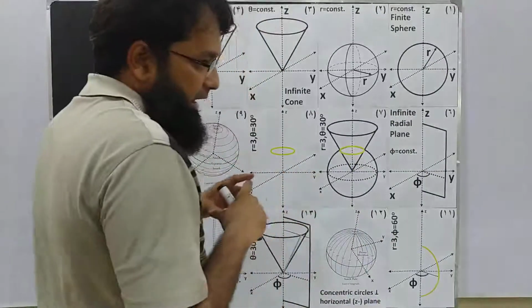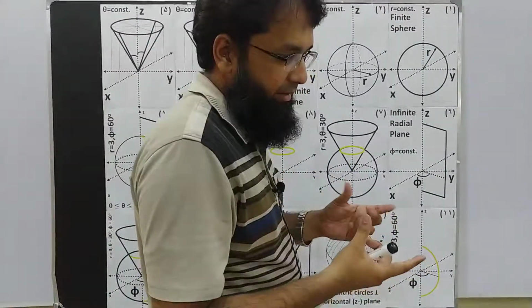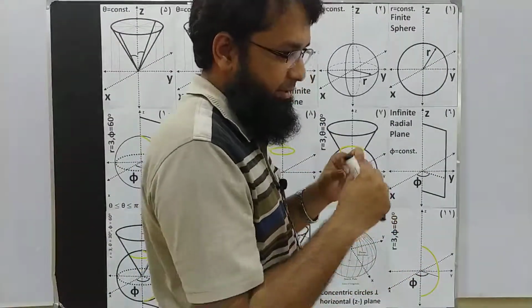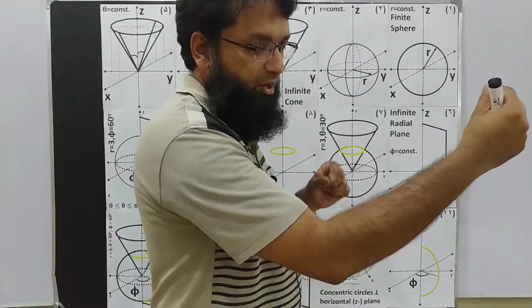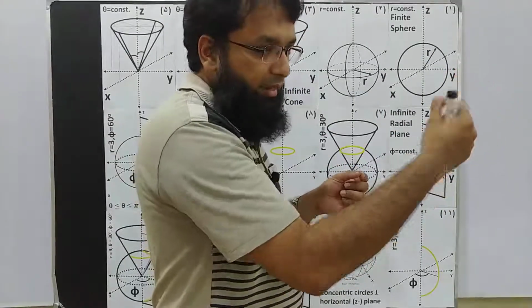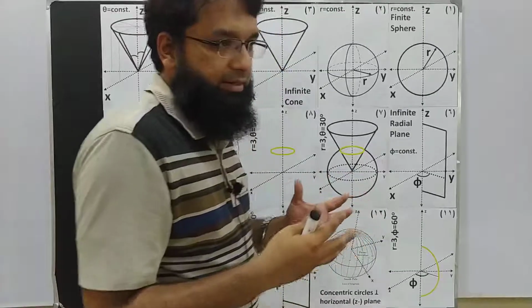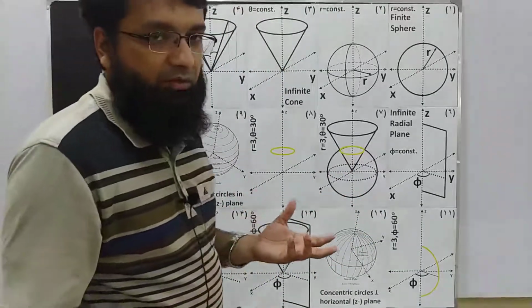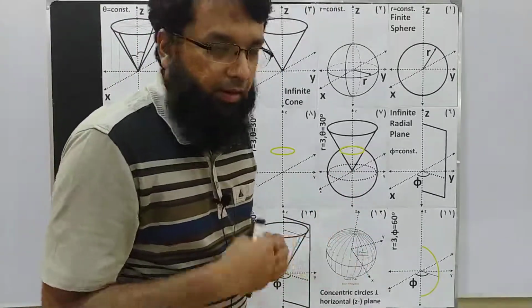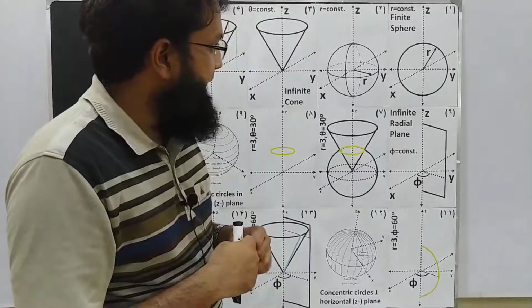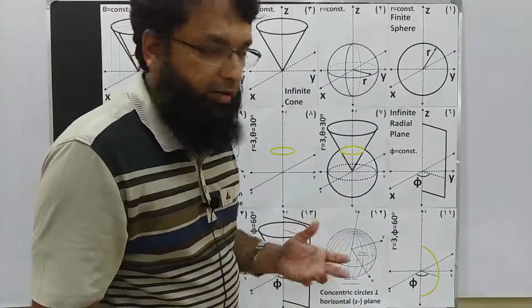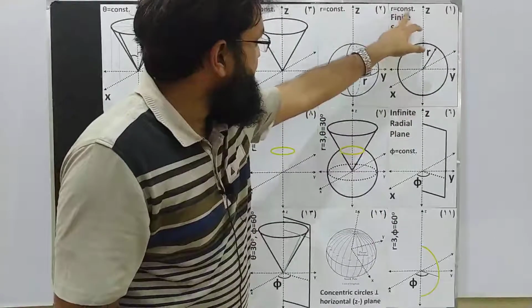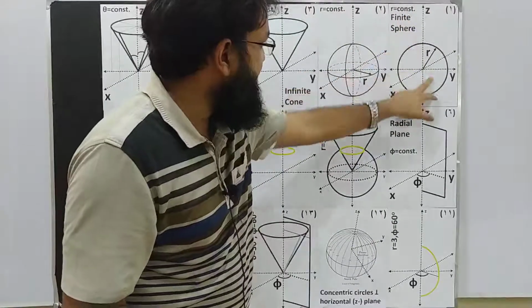So r is the distance between the point of destination and origin. The collection of all those points which are equidistant with respect to origin is nothing but a sphere. So this is the r equals constant surface, which is a finite sphere.